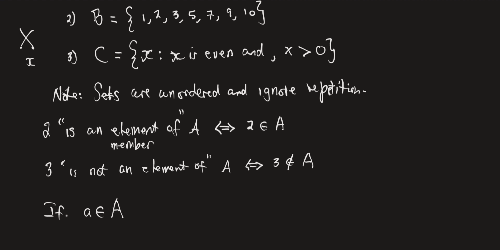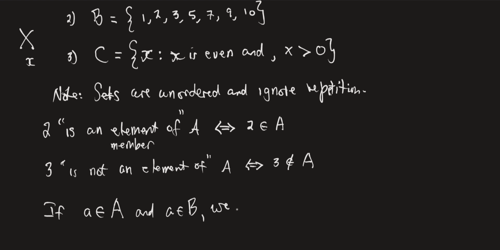So if little a is an element of big A and little a is an element of big B, we say that A is a subset of B.